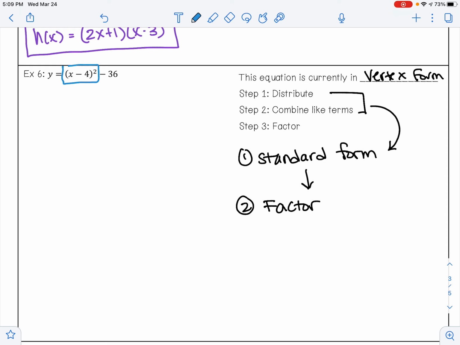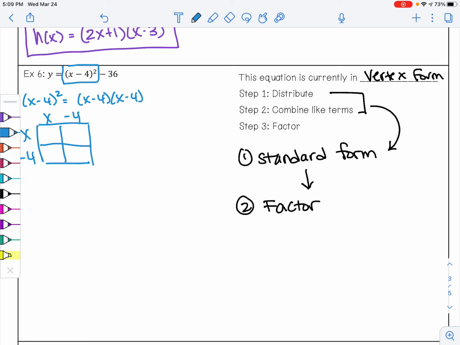This is just like what we did on example 1. X minus 4 squared really means x minus 4 times x minus 4. To multiply a binomial by a binomial, I use the area model. X times x is x squared. X times negative 4 is negative 4x.